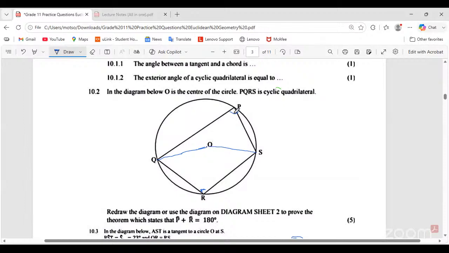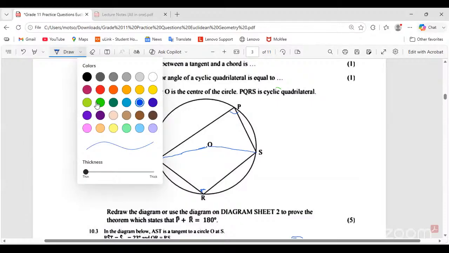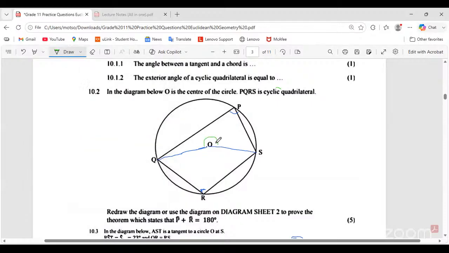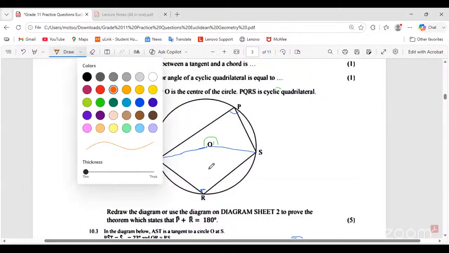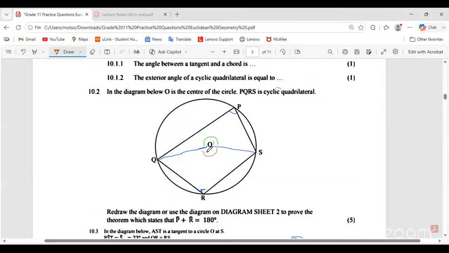But since you are going to prove about P and R, you will join the other two. Now, you name this angle here O1 and this one O2. This is exactly what you will do on your answer sheet.